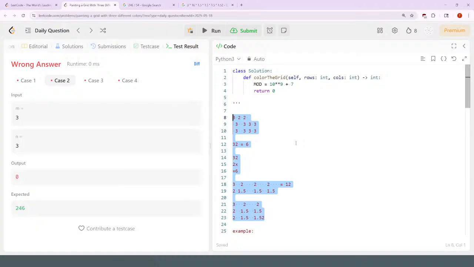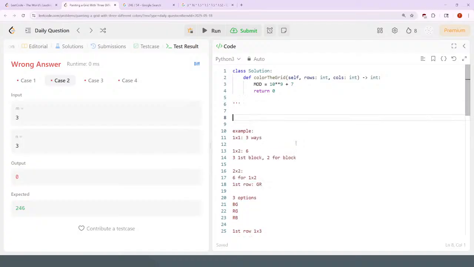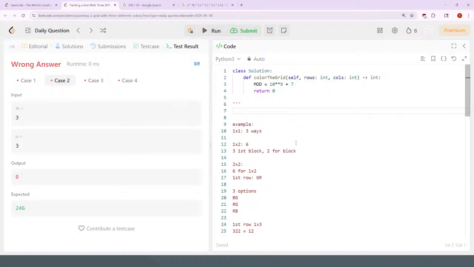Interesting, interesting. So how do I get what I'm thinking into math, into some recurrence relation? So 3 and 2. So there's 3 ways and 2 ways.